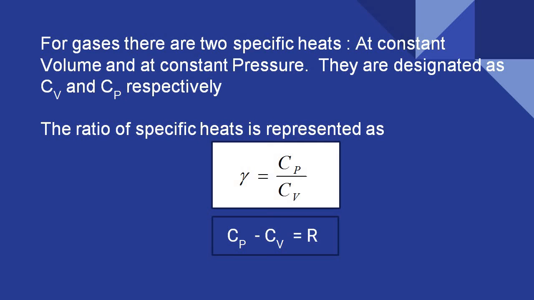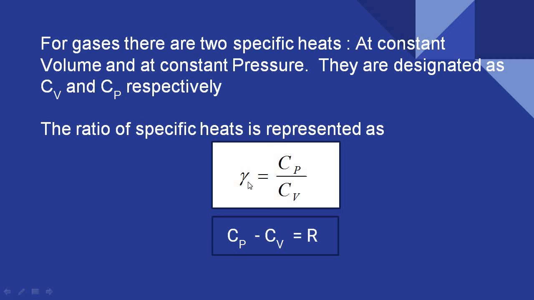And for gases, there are 2 specific heats, which is also known to us. That means you can consider it at a constant volume and at a constant pressure. And they are normally represented as Cv, the specific heat capacity at a constant volume, and Cp, the specific heat capacity at a constant pressure. And the ratio of specific heats is represented as gamma, Cp by Cv.